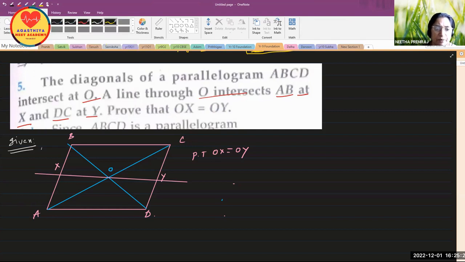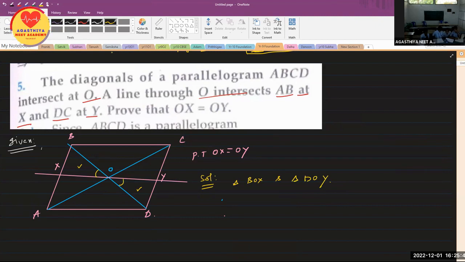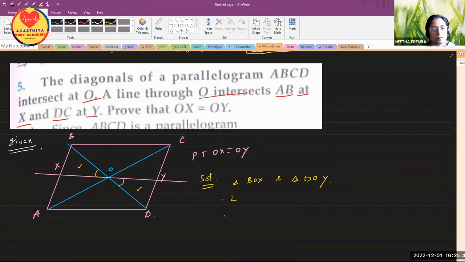Now I consider the triangle BOX. I take these two triangles, triangle BOX and triangle DOY. Now what about these two angles? Vertically opposite. Very good. Angle BOX is equal to angle DOY because vertically opposite angles.